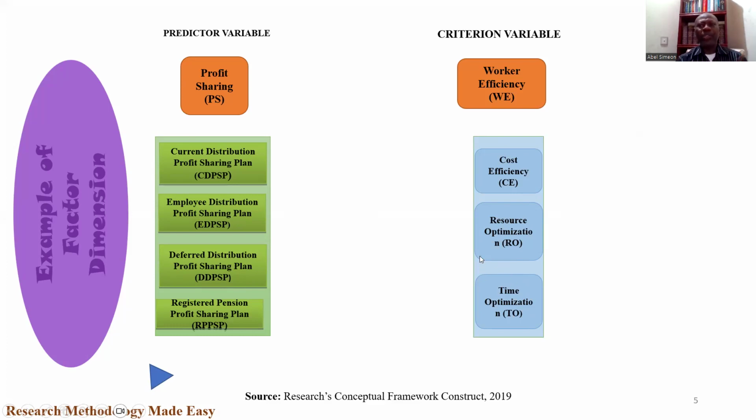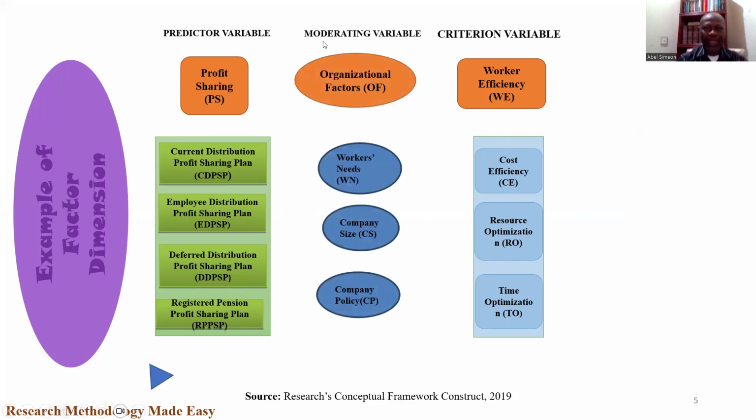Then I'll try to explain what the extrinsic variables are. Extrinsic means you did not get these variables from the topic. You can see your organizational factor, worker need, company size, company policy. They are not directly on the topic. You just imagine them and decide they are suitable to be a moderating variable.